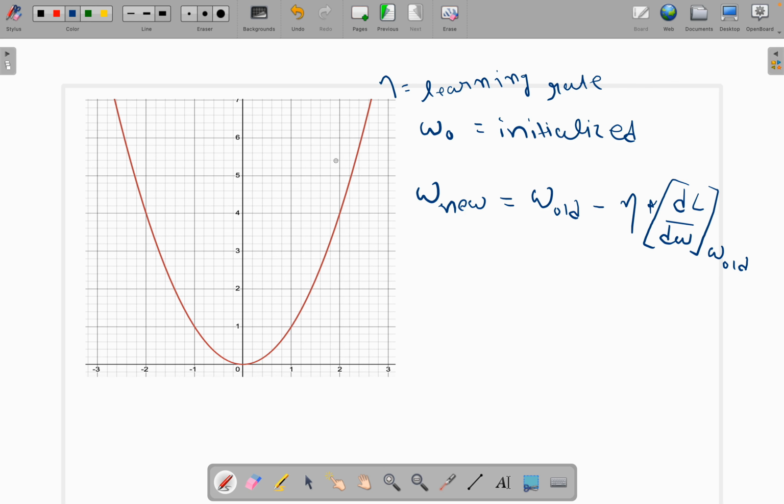So now let's see here. I am using the same graph. Let's say this is my loss function's graph, and below we have w, right? Let's say I initialize the value and get this value of the loss. If I draw a tangent at this point, I need to find theta, or the derivative.